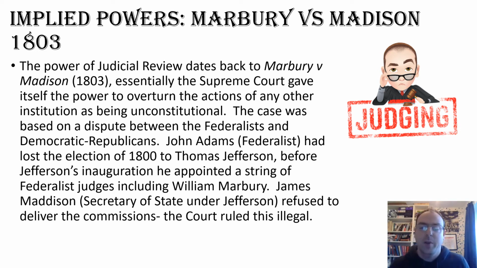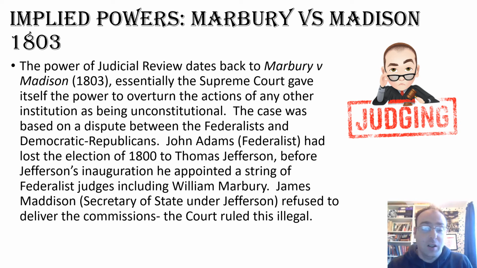That might sound familiar as an idea, that just before you're about to lose an election, you appoint significant judges. Adams did this, and the idea was that Jefferson, in his time in the presidency, was going to have it get in his way, because he was going to appoint a load of judges who were pro-Federalist, who'd support the Federalist Papers.